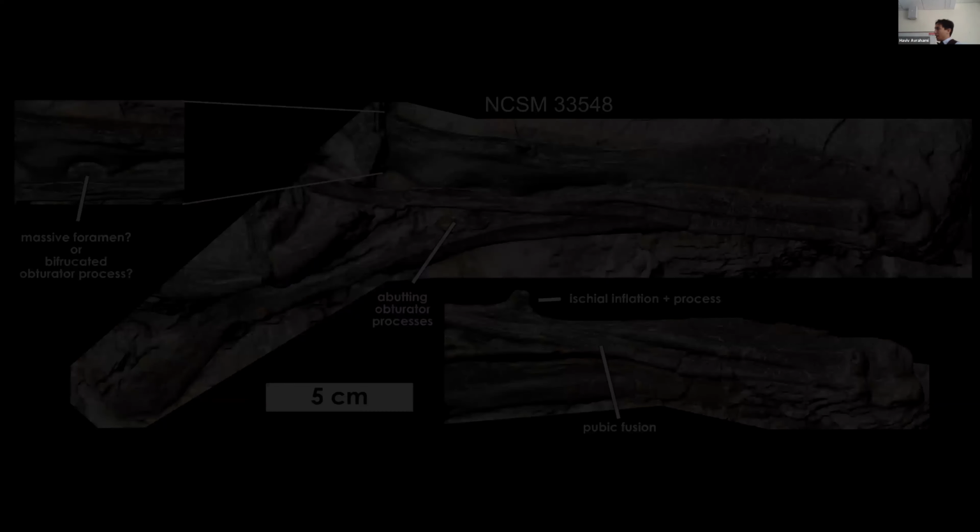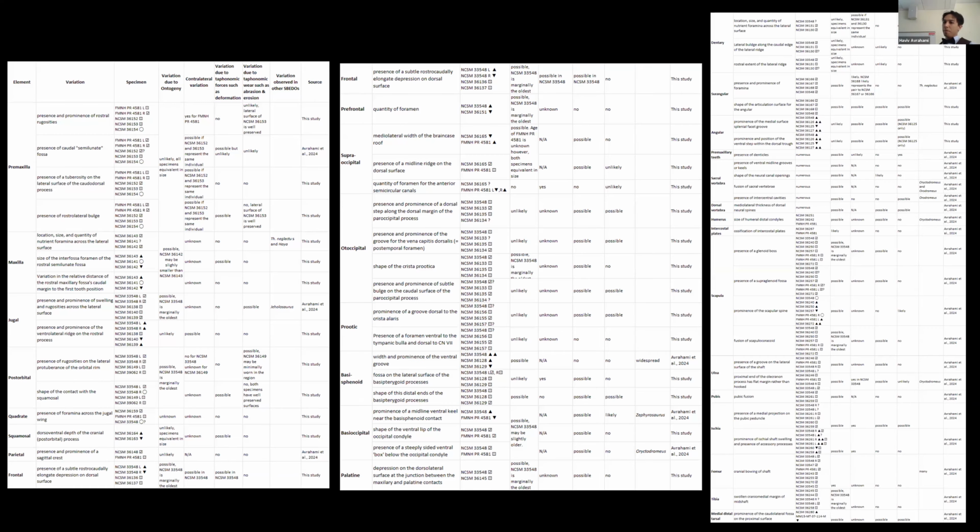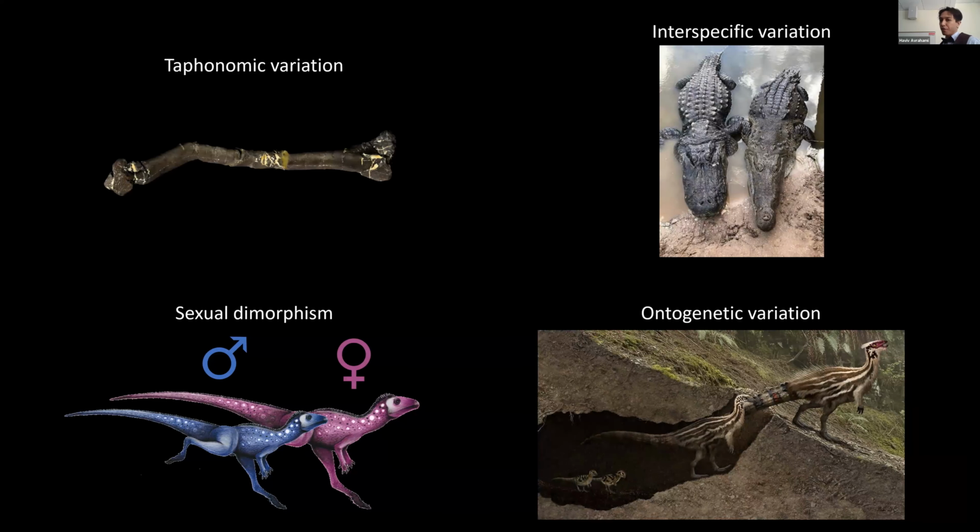So altogether, I concatenated and collected all of these different types of variations, ascribing etiology to each one of them as to whether they're the result of ontogeny, or could they be taphonomically variable, or is it just phenotypic variation? For the majority of significantly variable characters, I was able to rule out taphonomy.